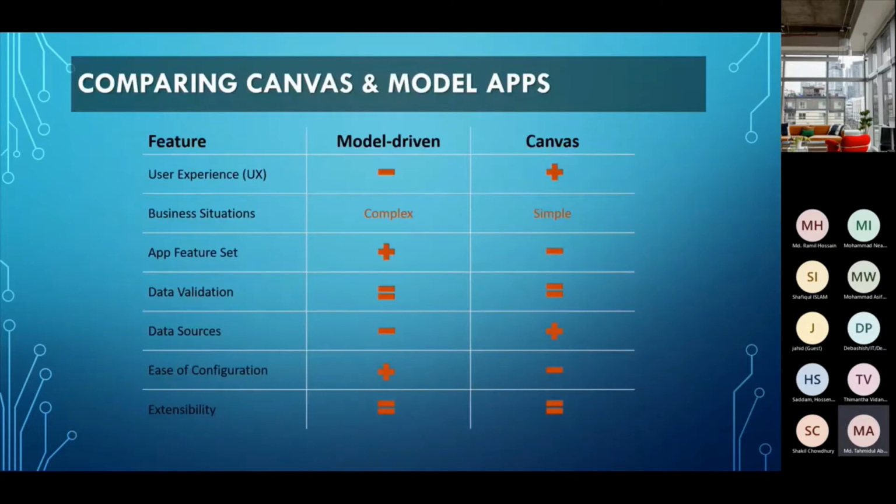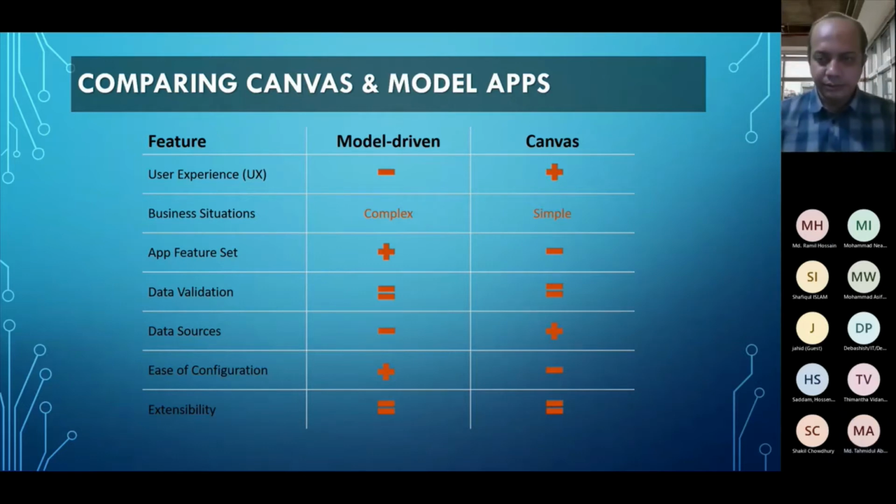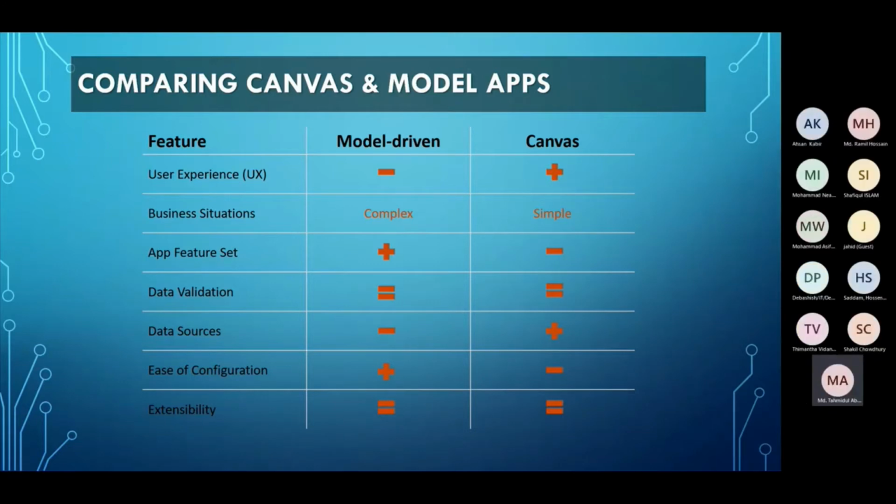Other than that, for my experience with Power Apps, when you are creating a leave application with a limited type of requirement, you can use Power Apps and Power Automate easily. For these types of applications, let's say you have a trading company.